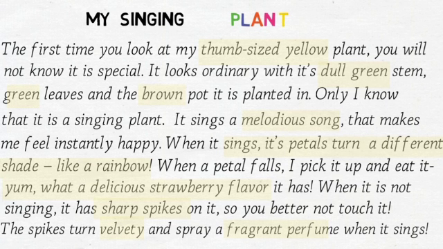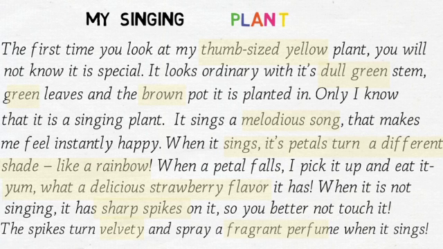You can see here that the descriptions based on the 5 senses have been highlighted so you can easily see them. Once you have made a list of all the suitable and interesting adjectives you want to use to describe your plant, you are ready to write.